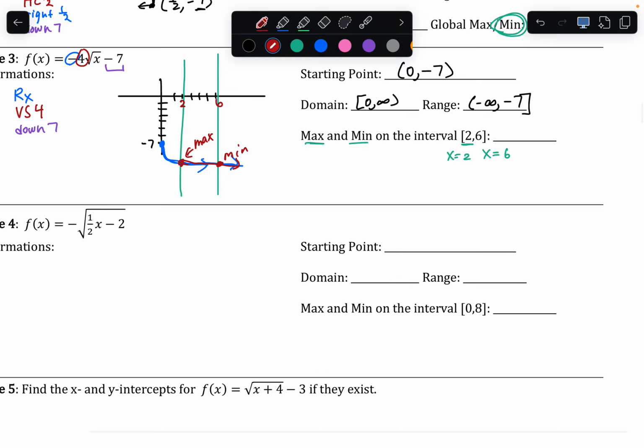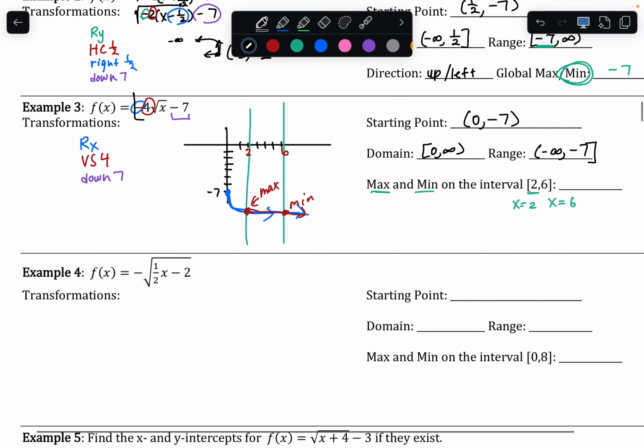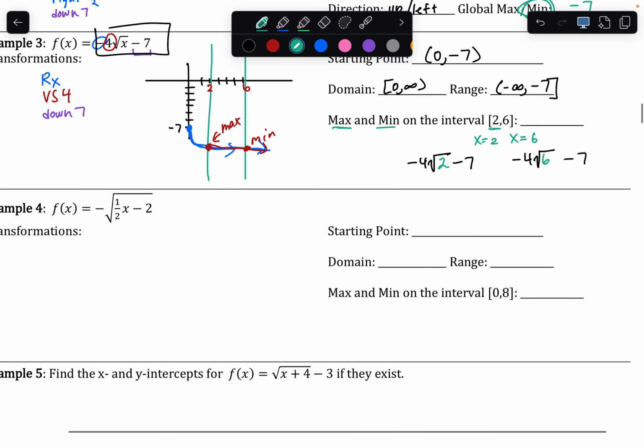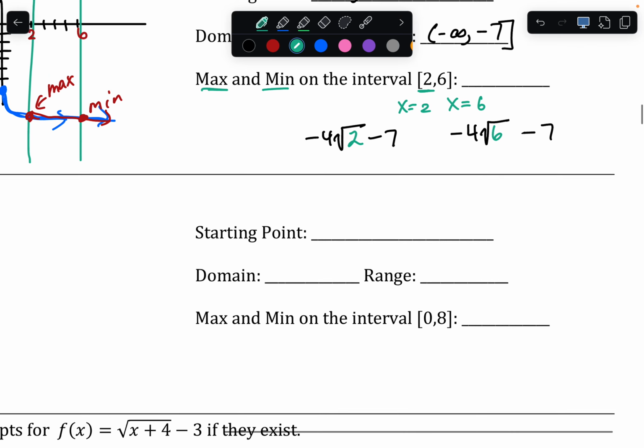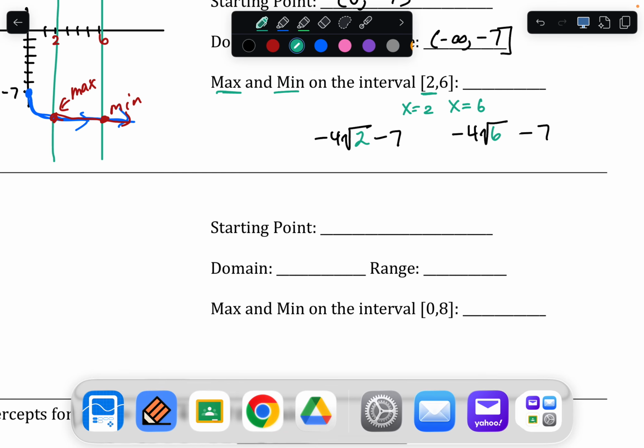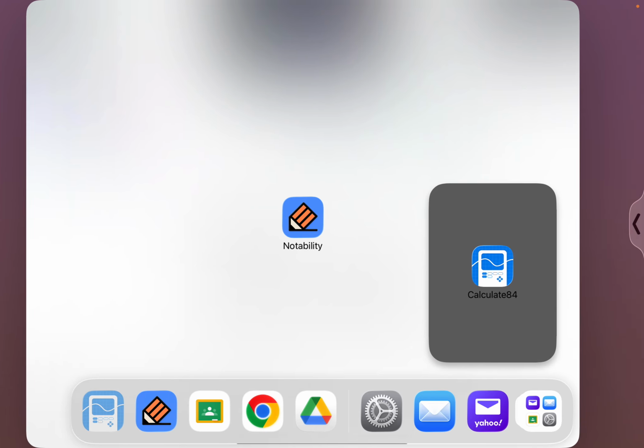Okay, and so when I plug in x equals 2 to the function, I'm going to grab the function rule, -4 square root of x minus 7, and we're going to plug in both of those values. So plugging in the 2, plugging in the 6, and these don't turn out to be nice values because, of course, 2 and 6 aren't perfect squares, and so we can use our calculator to get the decimal approximation.